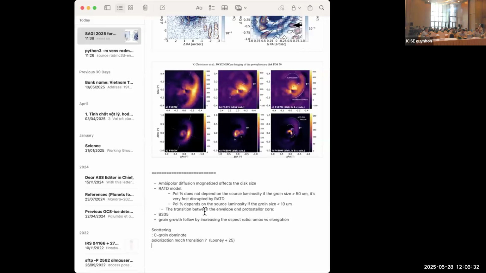But with self-scattering, at some wavelengths it is dominant, while at other wavelengths it is subdominant and the alignment becomes dominant. That results in a change in the polarization angles at different wavelengths. That's what we observe from HL Tau.